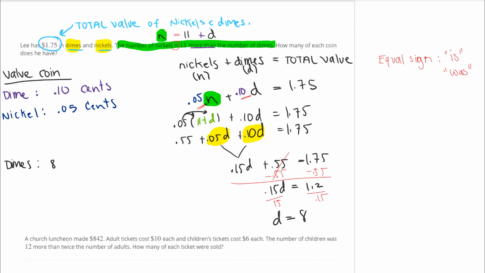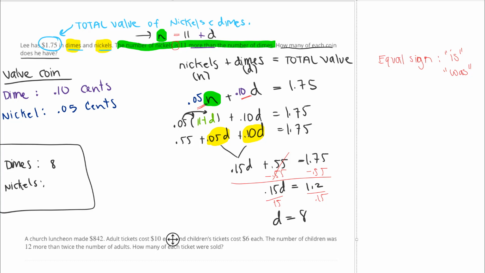You have 8. So if it's saying how much of each coin does he have, well, remember I was talking about dimes and nickels. So you also have to include in your final answer the amount of nickels. But remember, nickels, you already had the equation for nickels up on top.